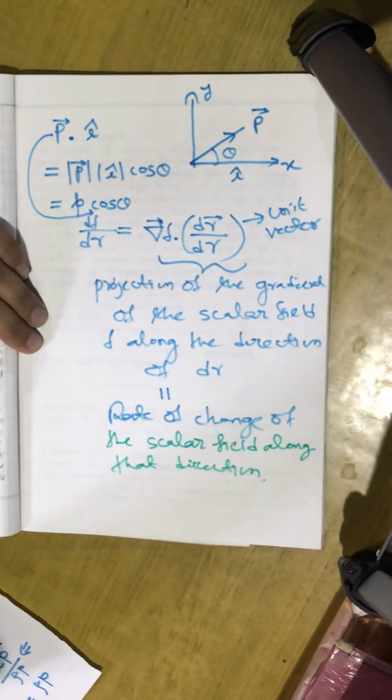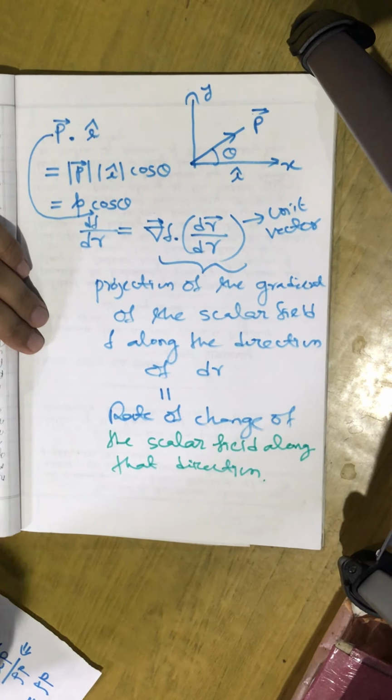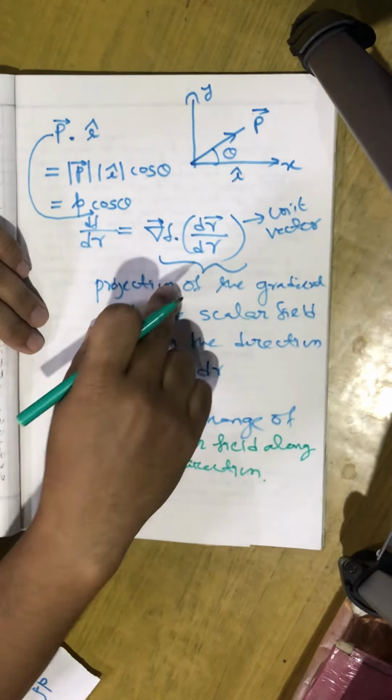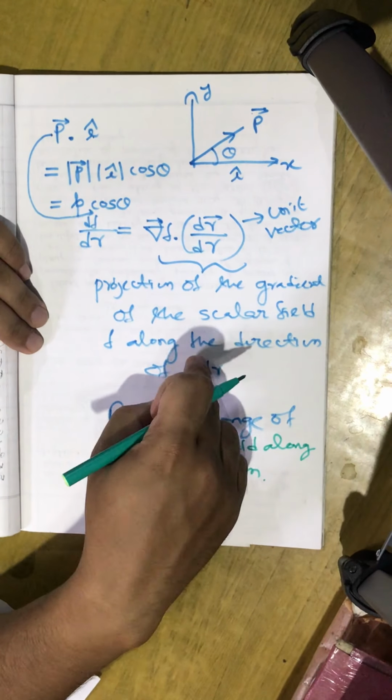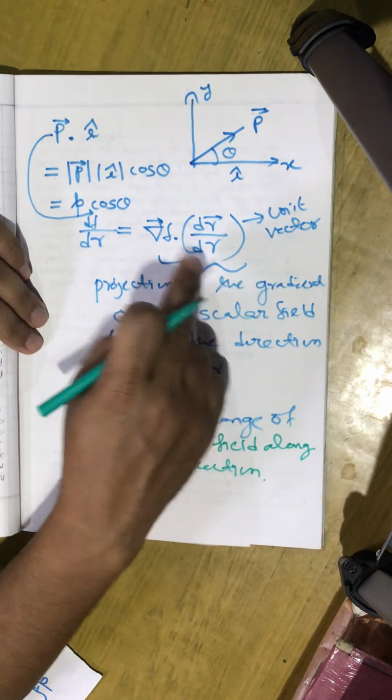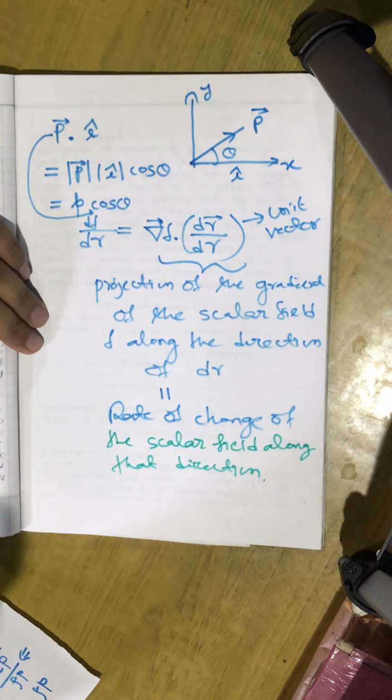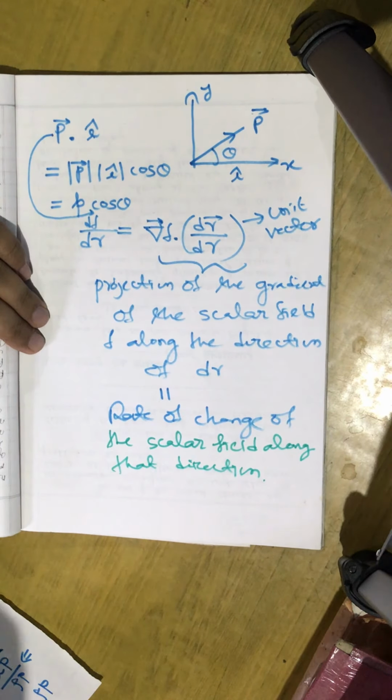This is the physical meaning of the gradient of a scalar field. So the projection of the gradient of a scalar field along the direction of dr is equal to the rate of change of that scalar field along that direction.